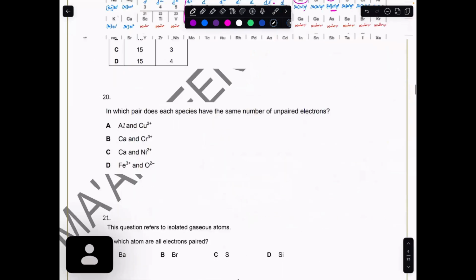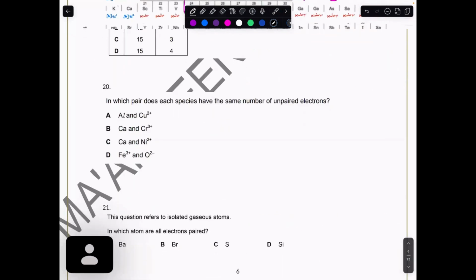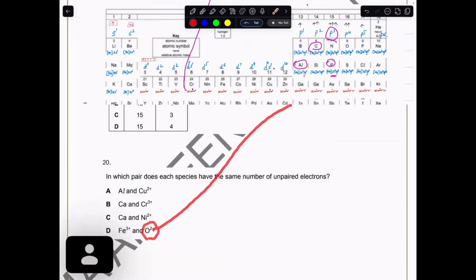I hope you understand. And now you are supposed to do the questions from these. But one thing: for O2 minus, it is like neon, but I'm not going to do the same for chromium, nickel, and iron. I will write their configuration like this. Copper, look.